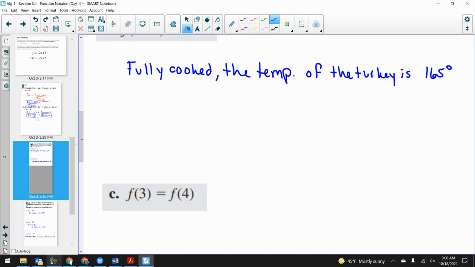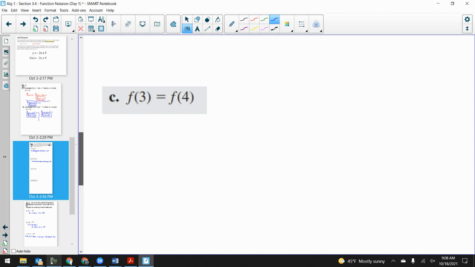Right, exactly. All right, so now let's take a look here. f of 3 equals f of 4. So what does the f of 3 mean?